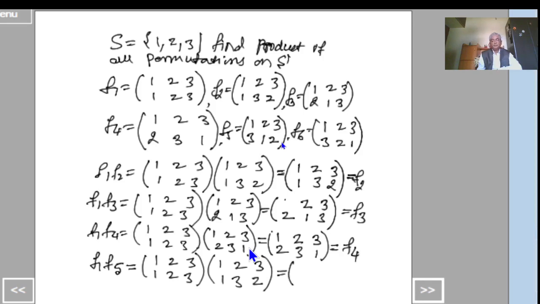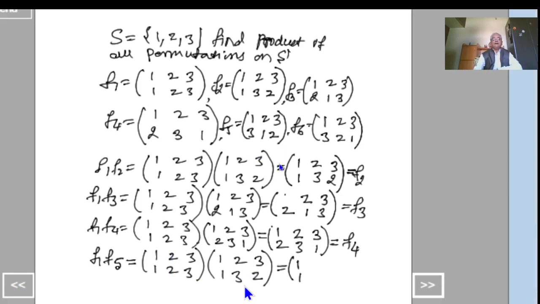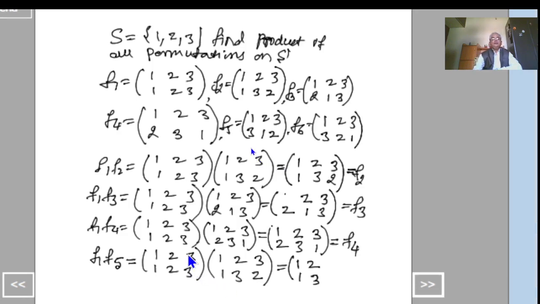Here 1 goes to 1, then 1 goes to 1, so finally 1 goes to 1. 2 goes to 2, then 2 goes to 3, so finally 2 goes to 3. 3 goes to 3, then 3 goes to 2, so finally 3 goes to 2. So 1, 2, 3, 1, 3, 2 is nothing but F5.